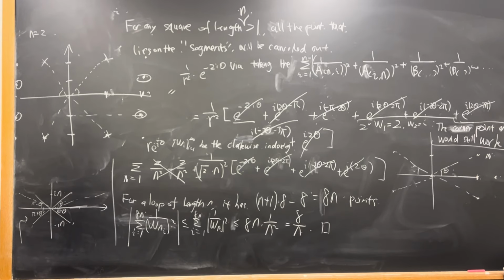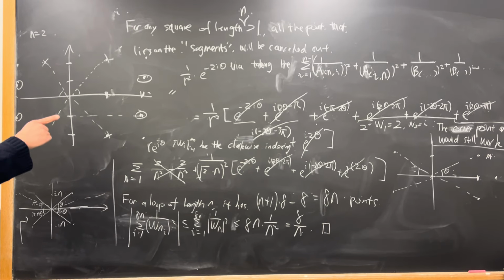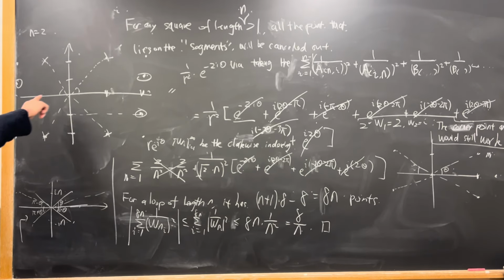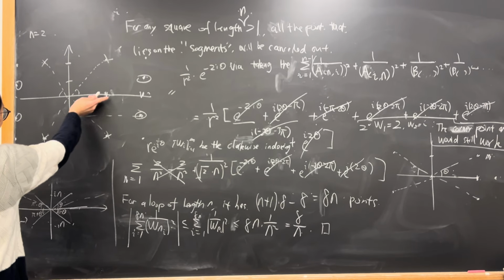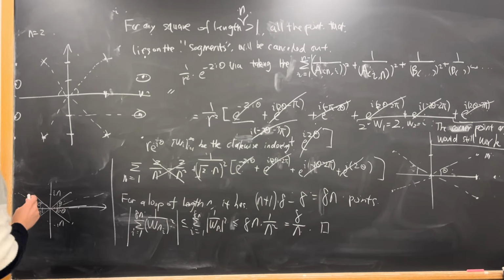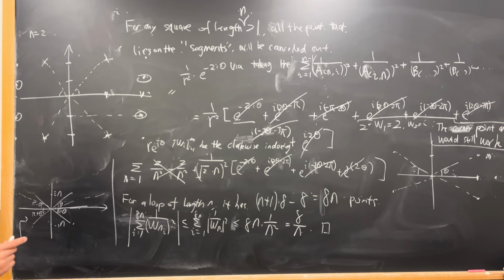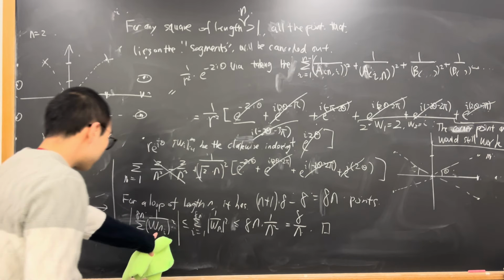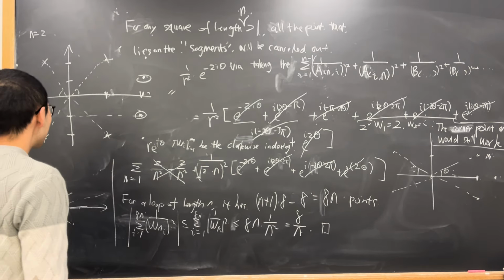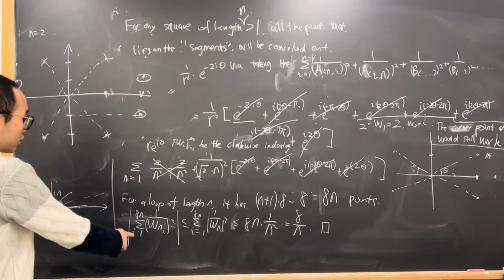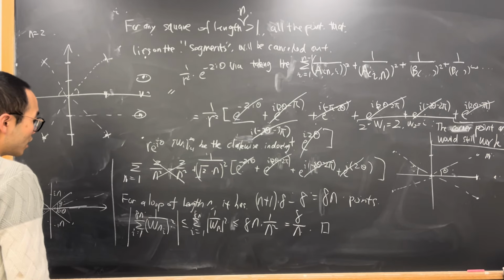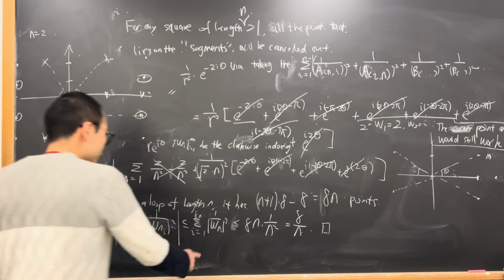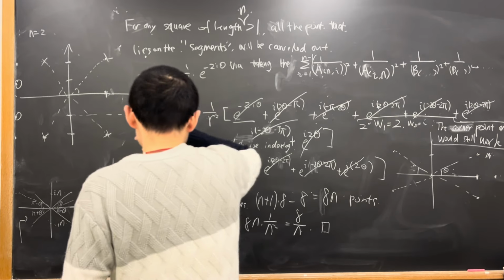So even though the radius is now the same length, even though omega 1 and omega 2 now have the same modulus, this argument will still work. And then for this argument, I think we just pick the minimum of omega 1 and omega 2.